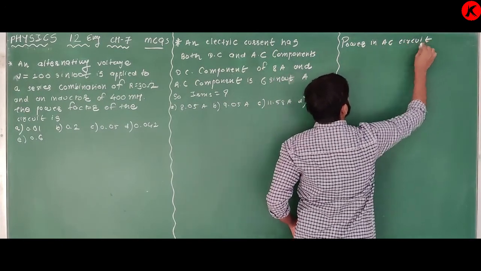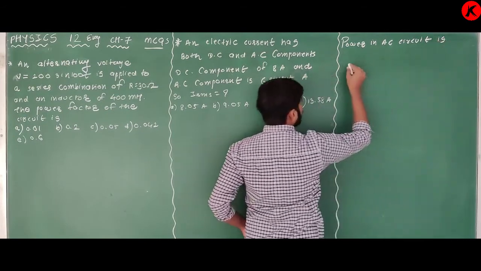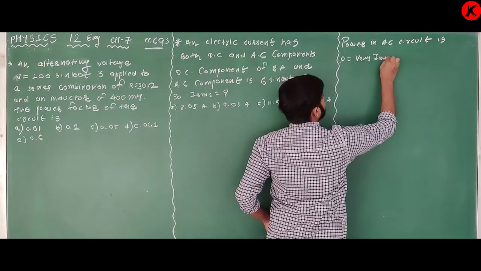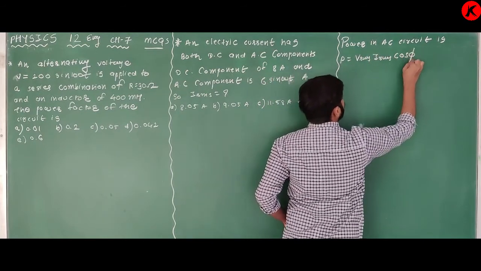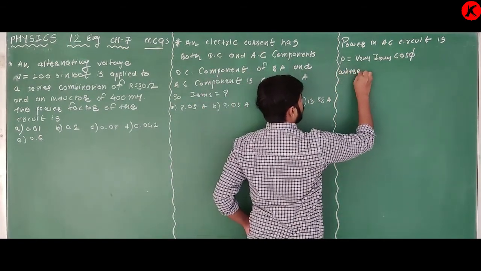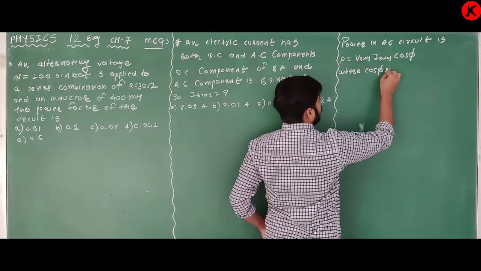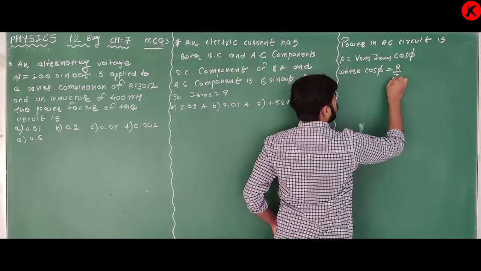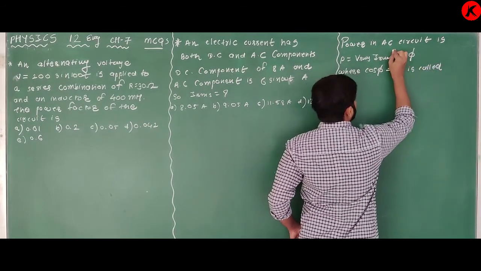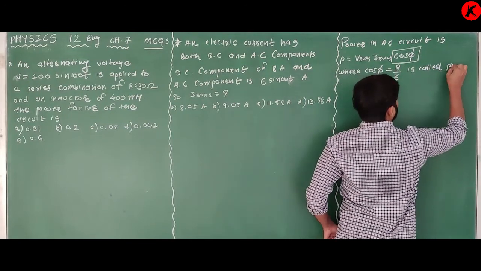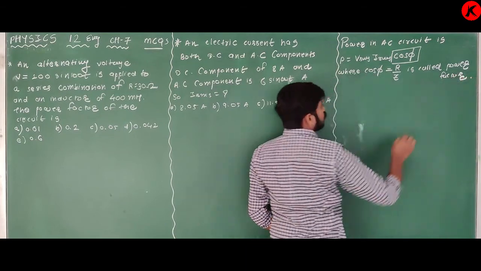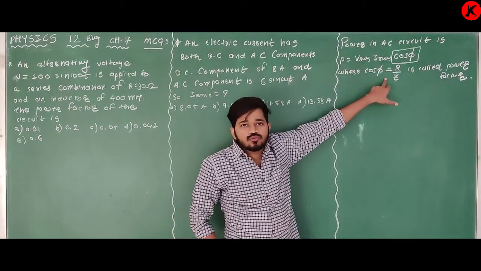The equation of power in AC circuit is P is equal to Vrms Irms cos phi, where cos phi is equal to R upon Z. This cos phi is called power factor. Okay, and it is the equation. How to find power factor?